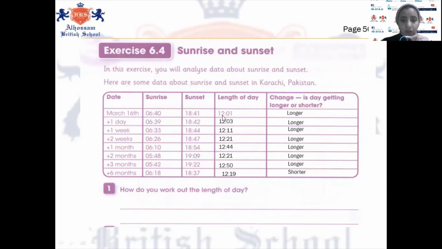Yasin, how do we get the length of the day? What did we do here with these two numbers? Yes, Yasin. We subtract them, okay? We subtract the sunrise from the sunset, okay? Thank you, Yasin. So we subtract the sunrise from the sunset, okay?